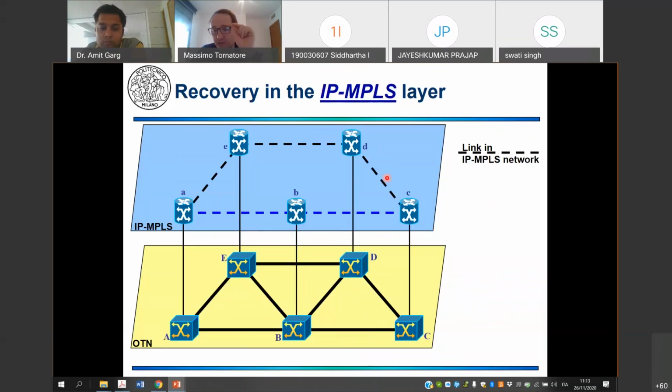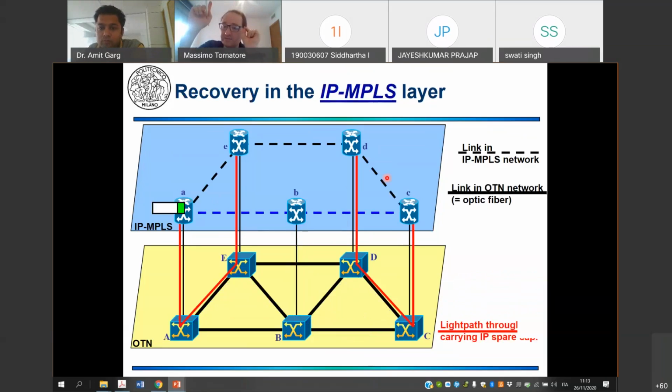If instead we do protection only at the logical layer, in the logical layer we have a backup path, okay? Not in the physical. Well, there's always a backup path in the physical, but there is initially, since the beginning, a backup path in the logical layer. So you need to map both your working logical path and your backup logical path into the physical layer.